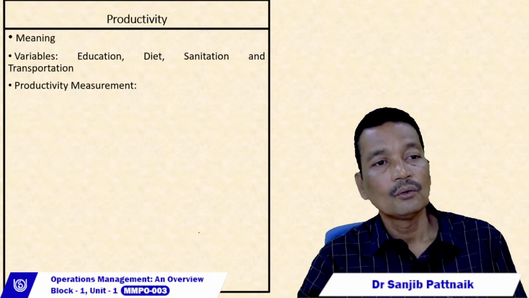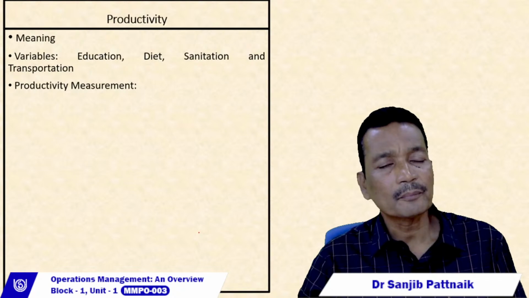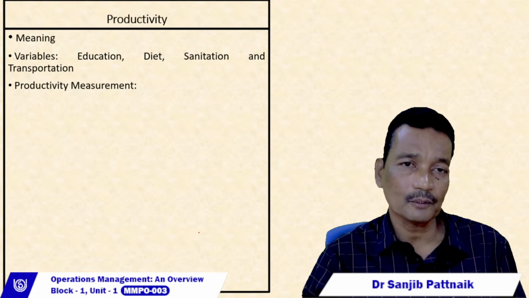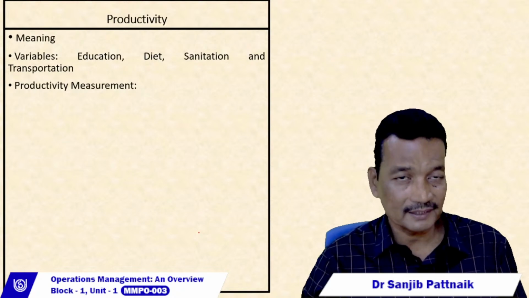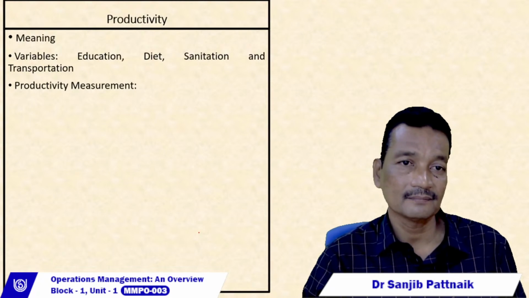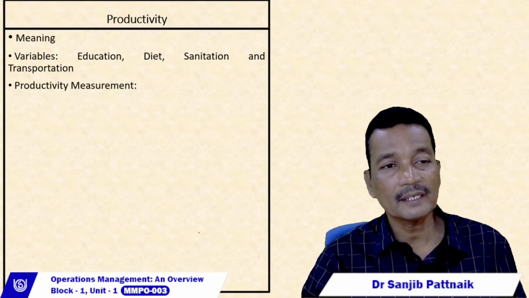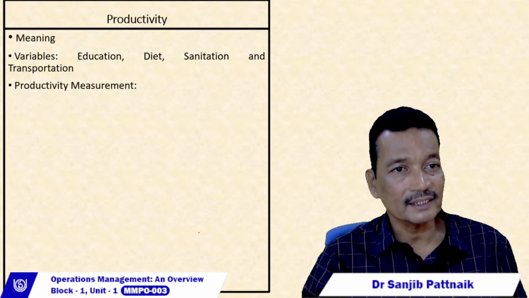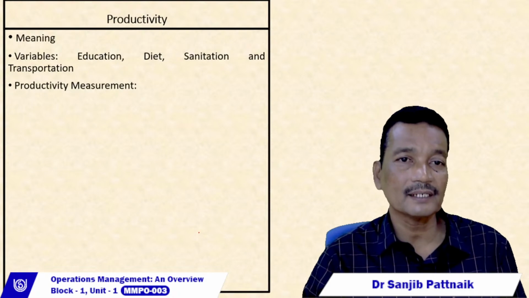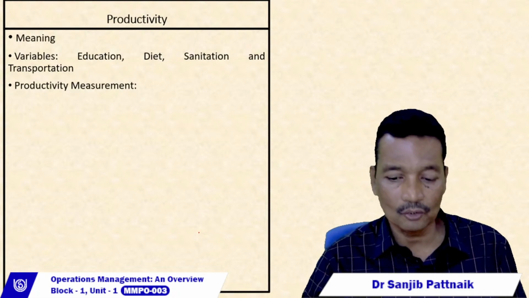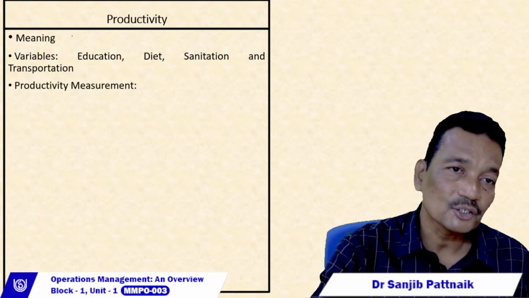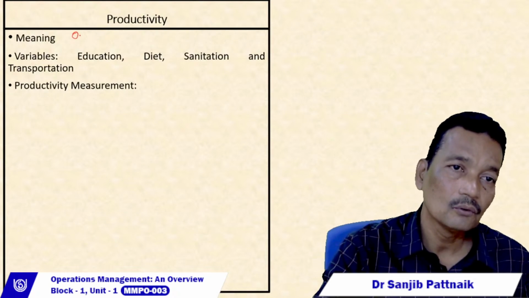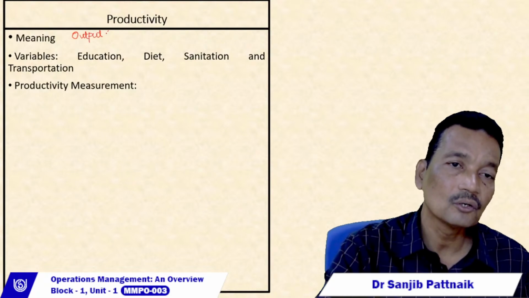Now, one important thing in operations management, or basic thing, is productivity. What do we mean by productivity? Productivity is nothing but a mathematical measurement, a ratio of output to inputs.